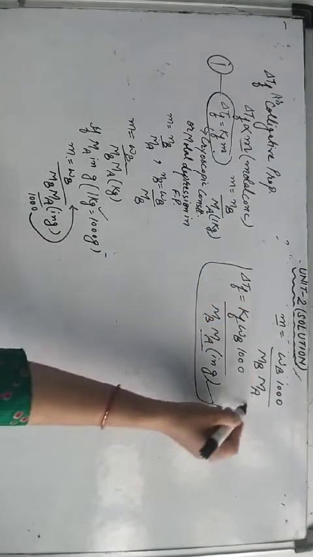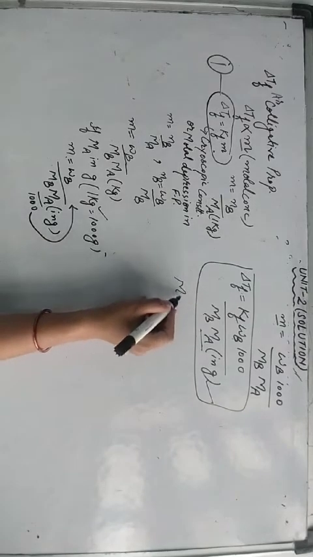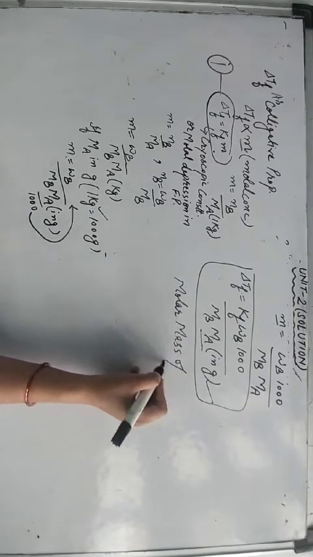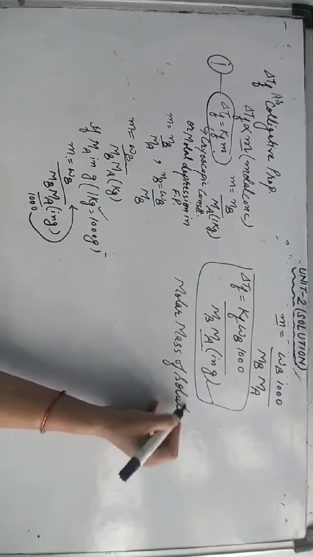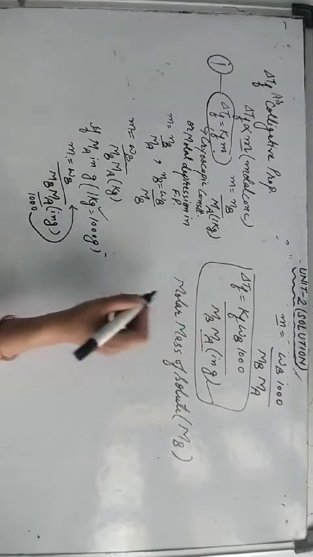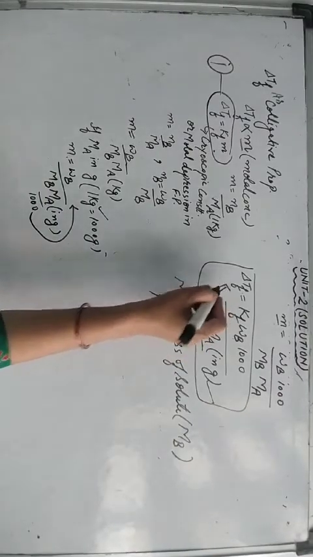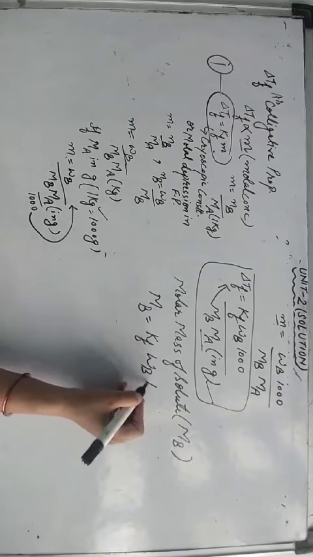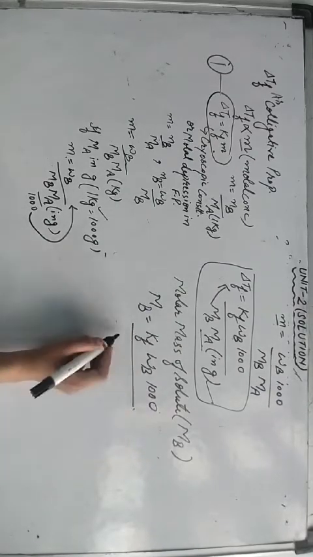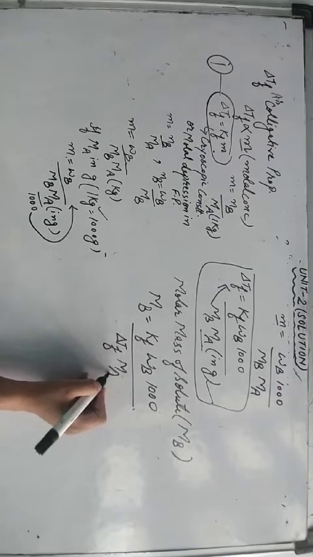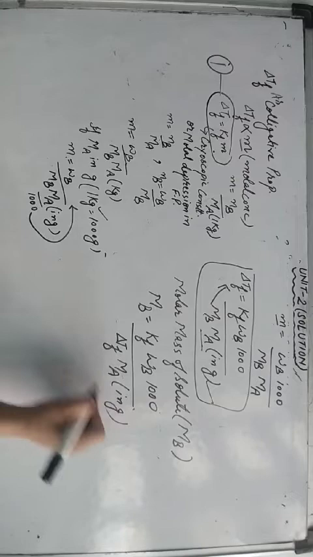This expression is also used to find out the molar mass of solute, that is Mb, after rearrangement. Mb is equal to Kf Wb 1000 upon delta TF Ma in gram.